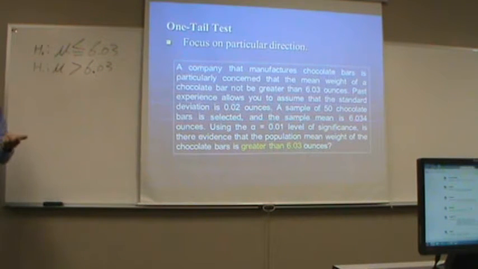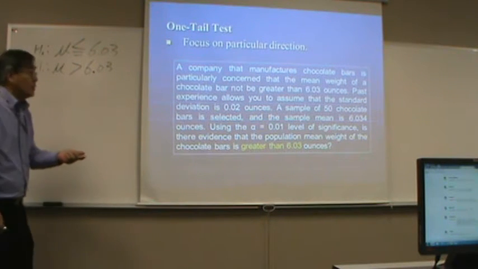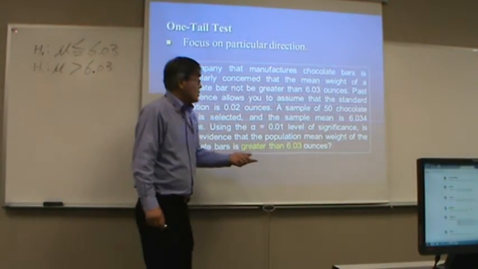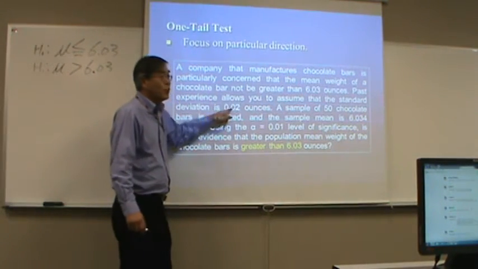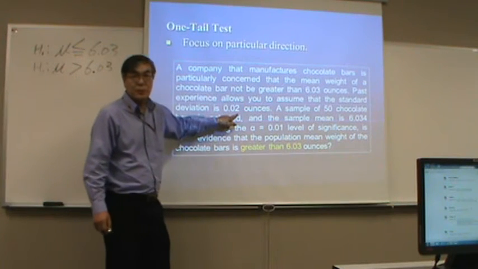What is the next step? Determine Z-test or T-test. Here the standard deviation is 0.02. Is this one sample or population?